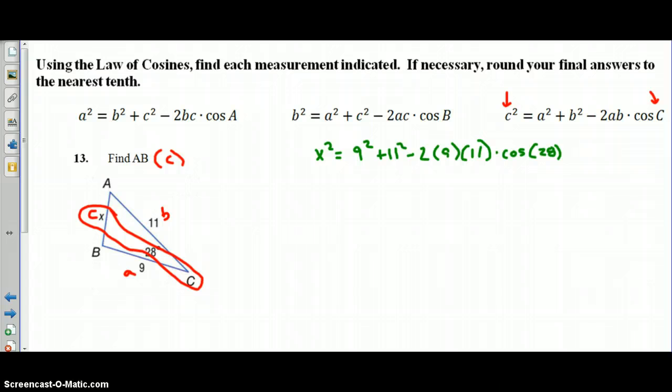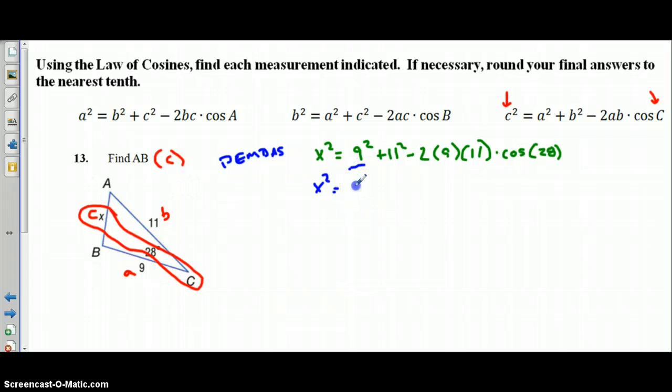So now, in terms of simplifying, x is almost entirely by itself. It's just that we have a square, which we can take the square root of at the end. So going through and simplifying, we have x squared equals, and using the order of operations, PEMDAS, parentheses, exponents, multiply, divide, add, and subtract, we can simplify our exponents.